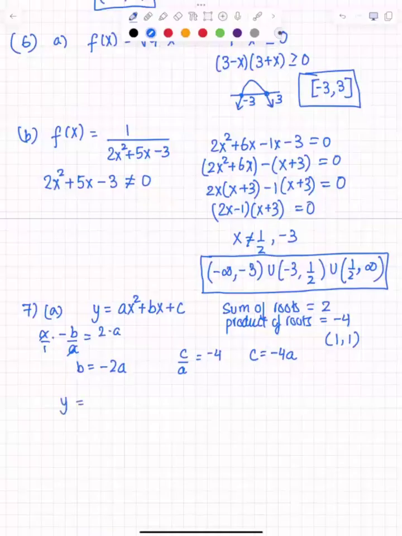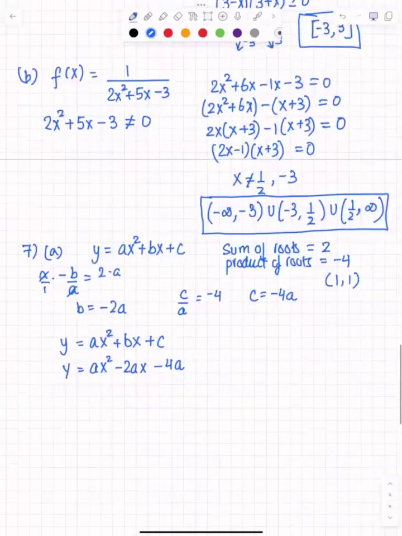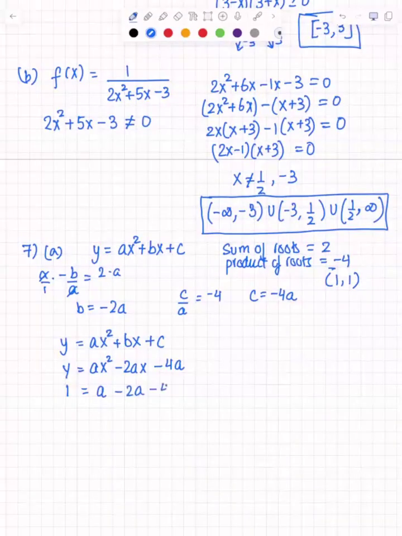What's good about this is, as y is equal to ax squared plus bx plus c, we can replace b with -2a and c with -4a. Now we use that the point 1, 1 is on the graph, so it has to satisfy this equation. So y is 1 when x is 1. 1 squared is 1, x is 1, so it's -2a, minus 4a.